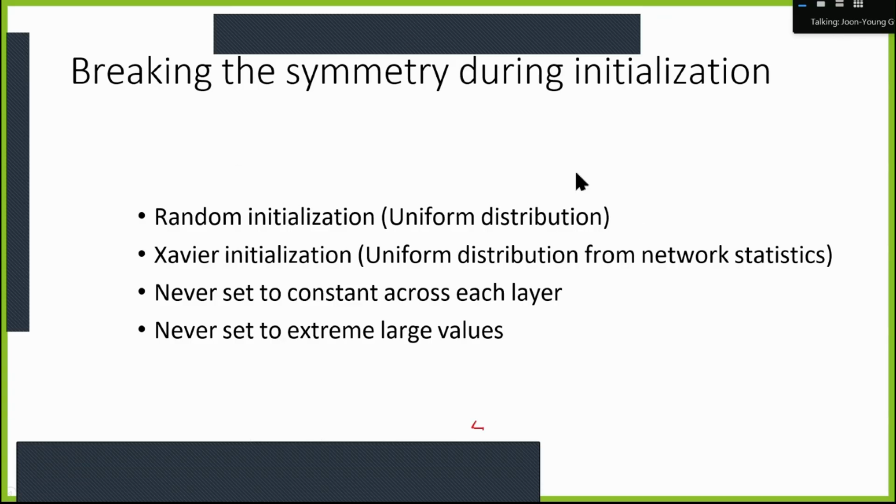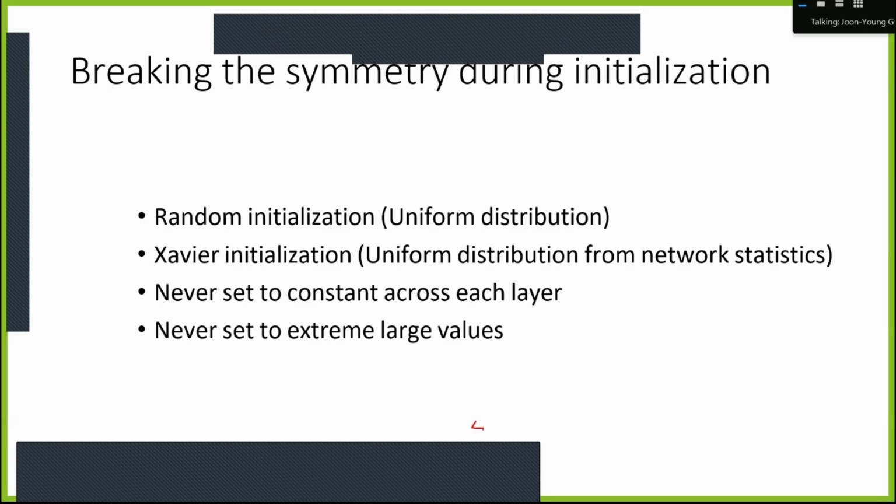Right. Another way to overcome the vanishing or exploding gradient problem is to initialize the weights in a clever way, because if we initialize the weights carelessly, then the training could go wrong right away.